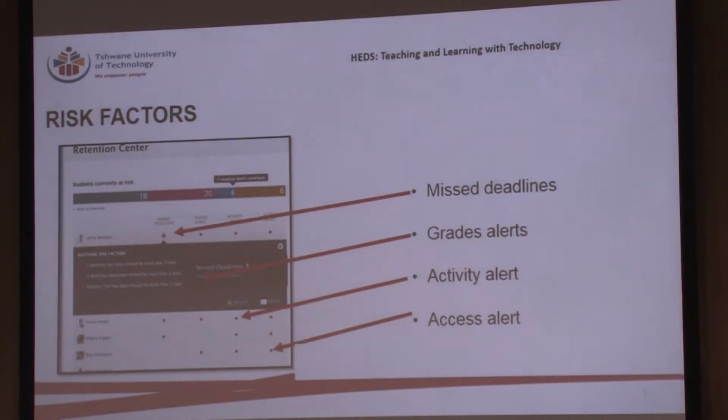The risk factors a lecturer can see on the retention center can be based on missed deadlines, to see how many students have missed deadlines on the activities the lecturer has developed on the LMS. The lecturer can also get grades alerts, activity alerts, as well as access alerts on the system as a whole.